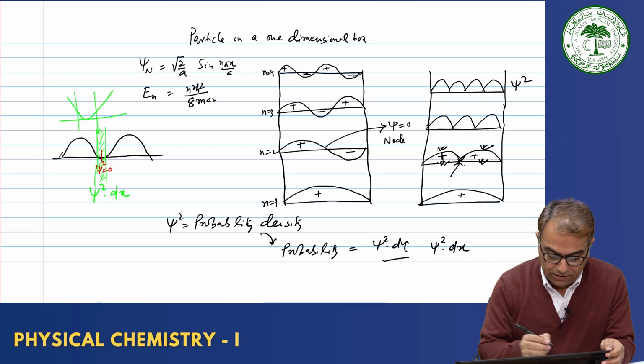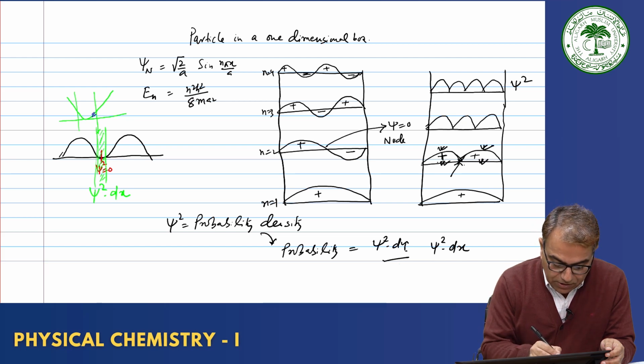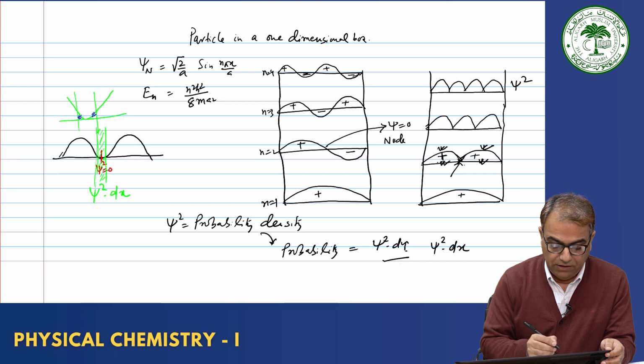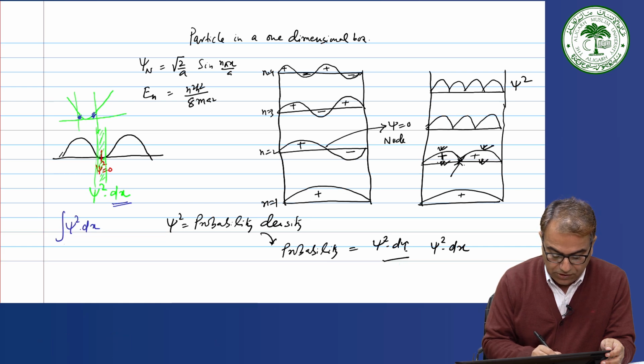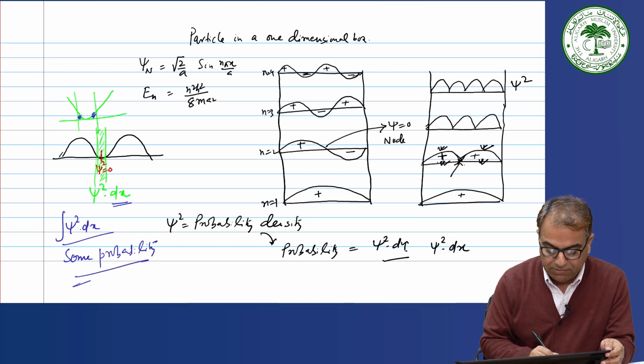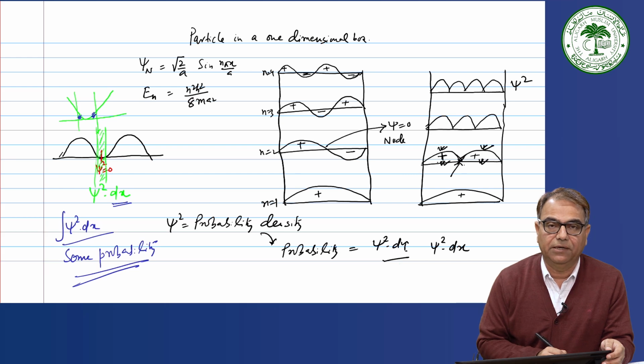And now you see, for this you have some non-zero space also, some dx value. So non-zero space you will have to include in the dx value, and so psi square dx will show some probability even at the node, very small, but some probability will be there.